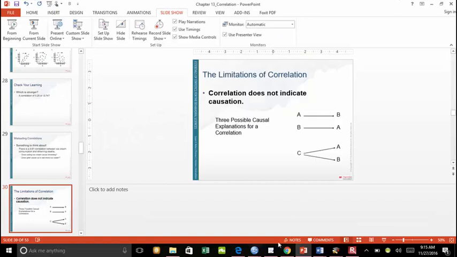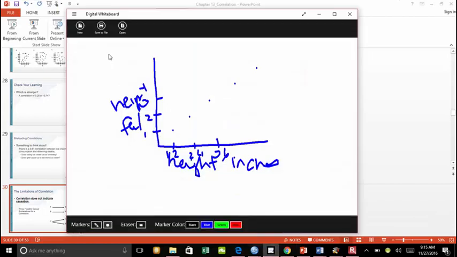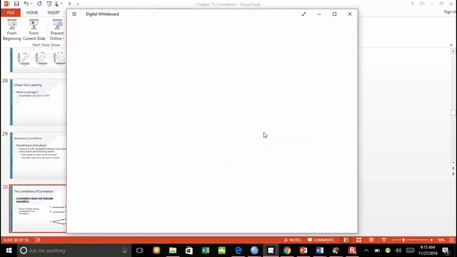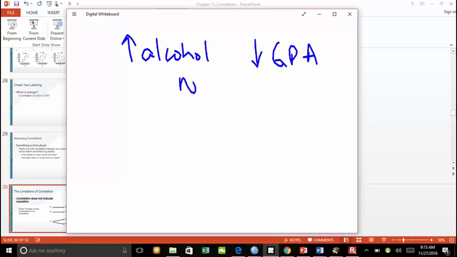And let's say we find, let me write this down, a correlation that the more alcohol someone drinks, the lower their GPA. So this is a negative correlation. Okay, more alcohol, lower GPA. So there are three possible explanations here.